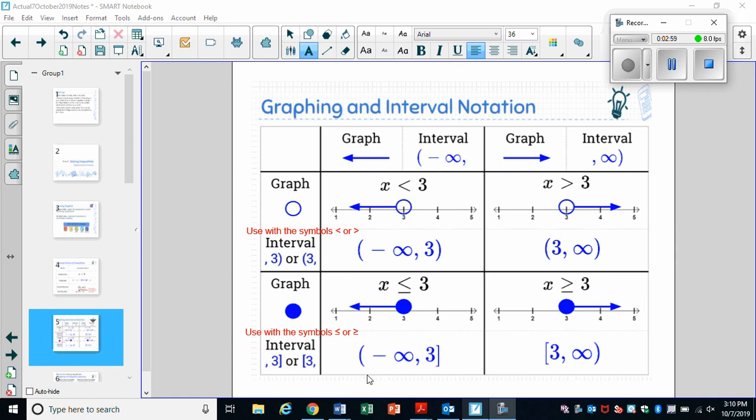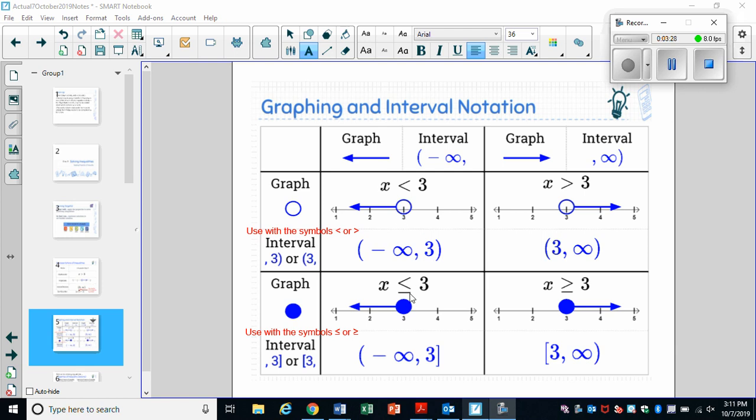And for our interval notation, I'm sorry, you always start with, if your arrow goes to the left, negative infinity with an open parentheses. Now, if it was, in this case, less than 3, you close round parentheses and you start with positive 3.